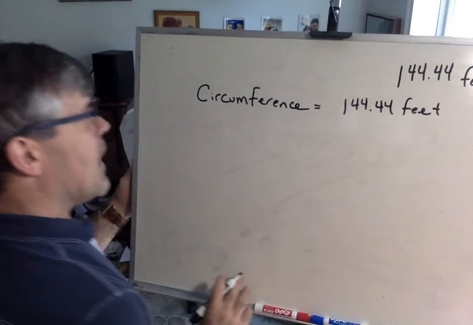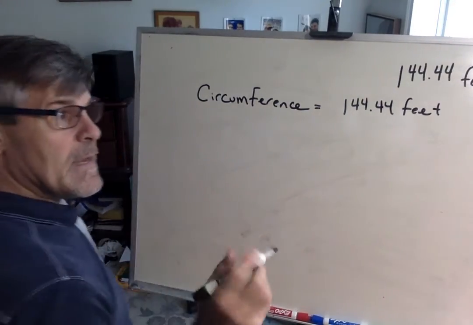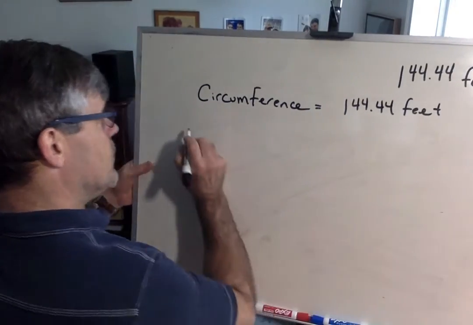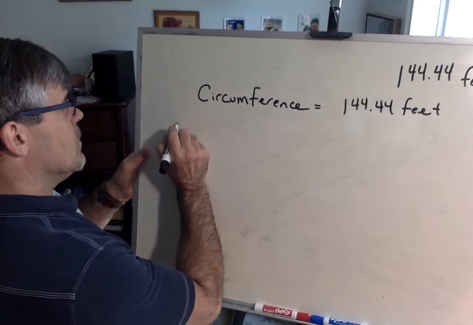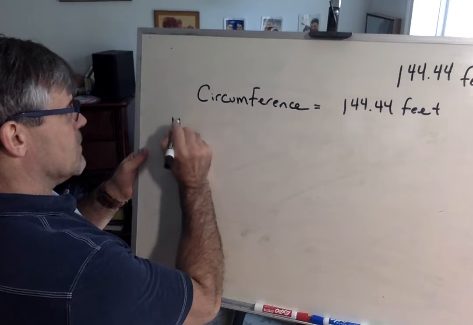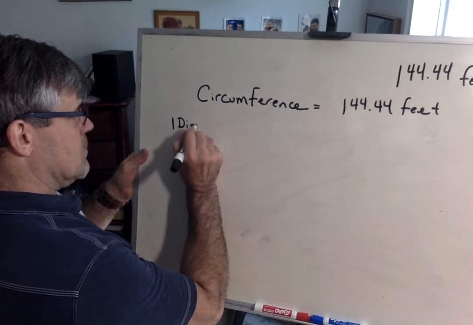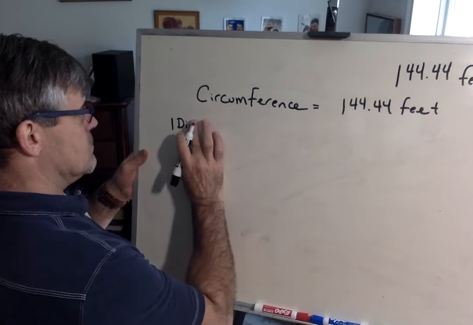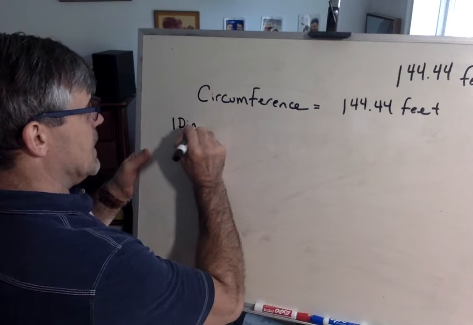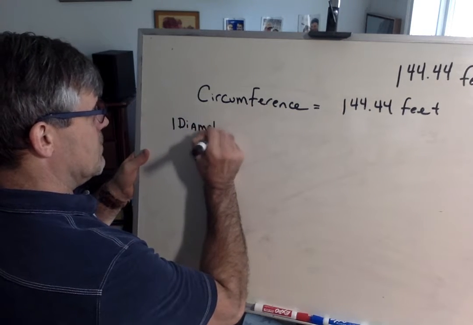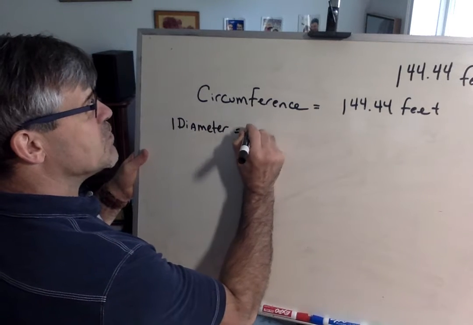Now, we have a couple things. We have one diameter equals 2 radiuses.